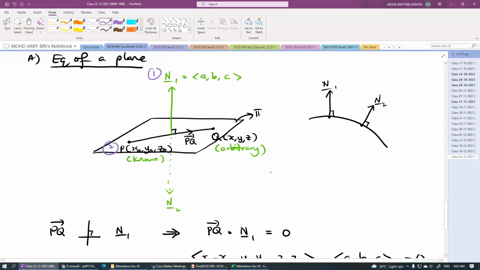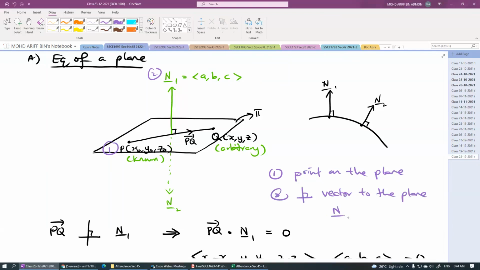So in other words, first you need a point on the plane, and the second one, a perpendicular vector to the plane. That is actually our normal vector. I'm just using perpendicular because some questions do not mention normal vector. They use perpendicular vector instead of normal, so you should know that normal is actually a perpendicular vector.